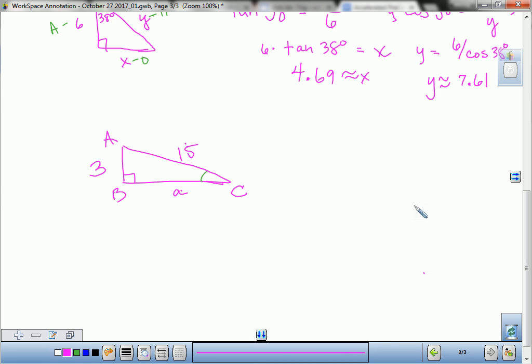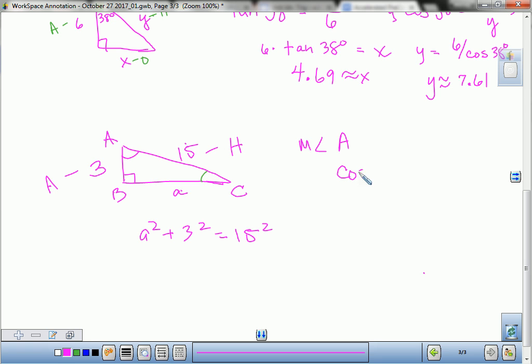Okay, and in this triangle, you would definitely use Pythagorean theorem to find a, because anytime you were given 2 sides, you would use Pythagorean theorem to find the third. Now, what if I ask you instead of to find side a, I ask you to find the measure of angle A? Then you use the inverse. So with respect, with regard, whatever word you want to use, to angle A, this side is the adjacent and this side is the hypotenuse, and which trig function would I choose?